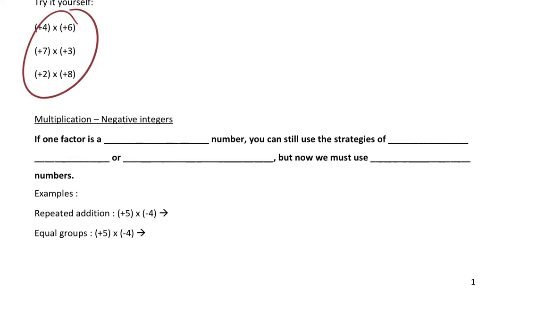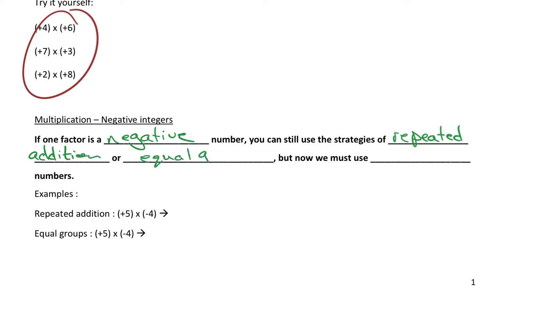And we've talked about this, multiplication with negative integers. One of the things we have to think about: if one of the factors is a negative number, you can still use the strategies of repeated addition or equal groups, but now we must use negative numbers.